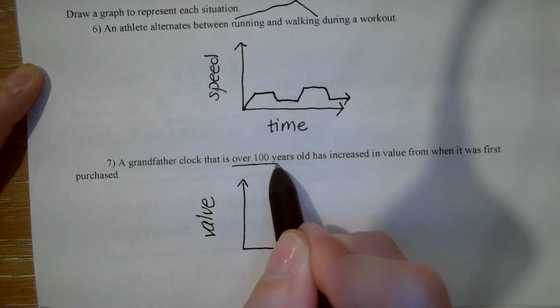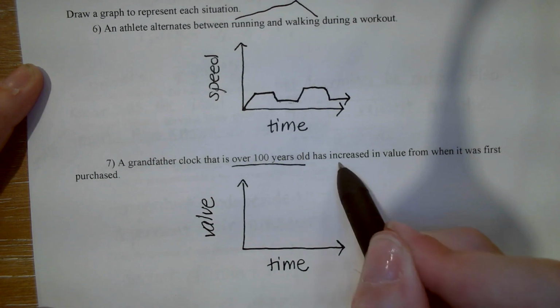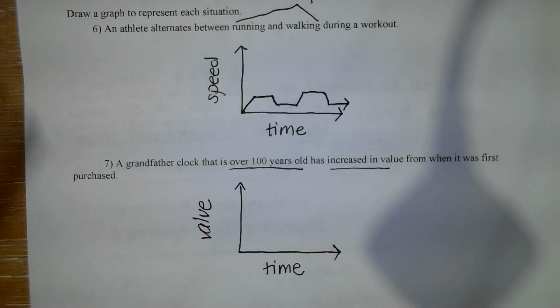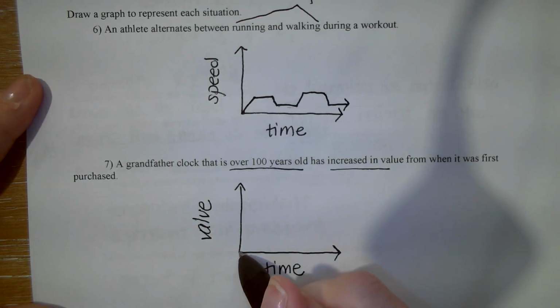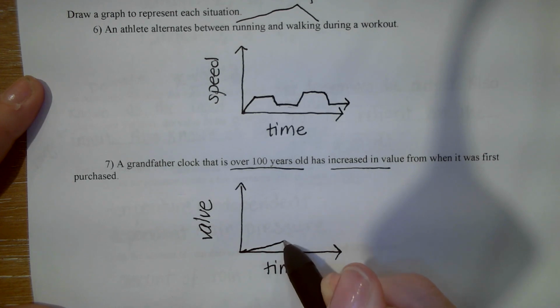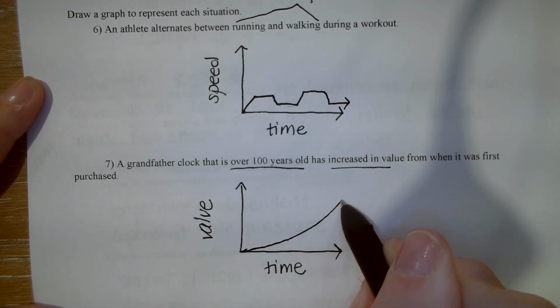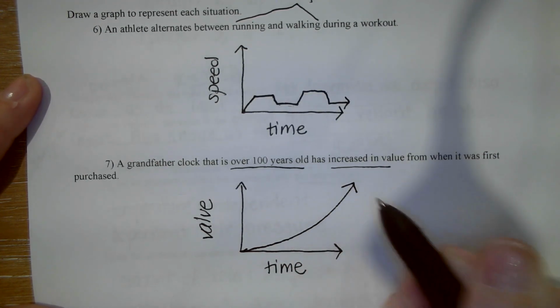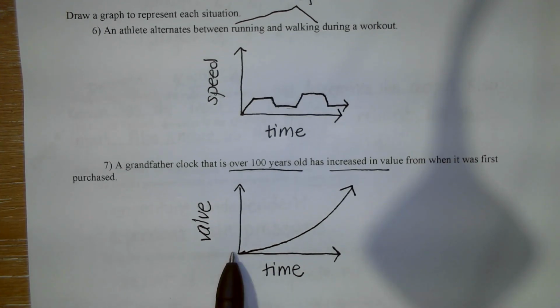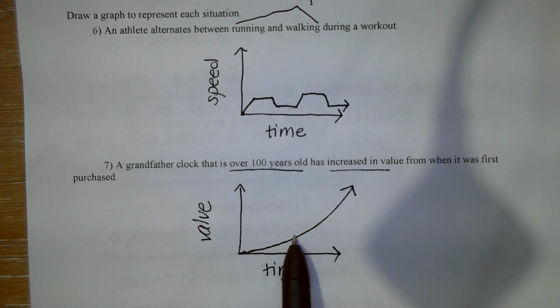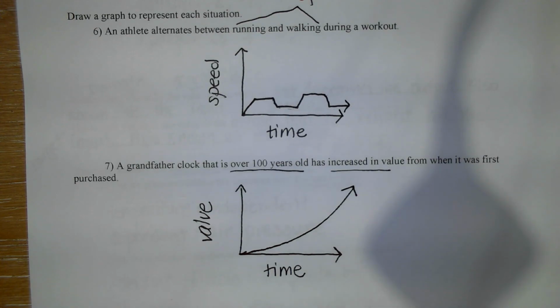It's over 100 years old, and it has increased in value from when it was first purchased. So as time has continued, the value has increased. So time continues, the value increases.